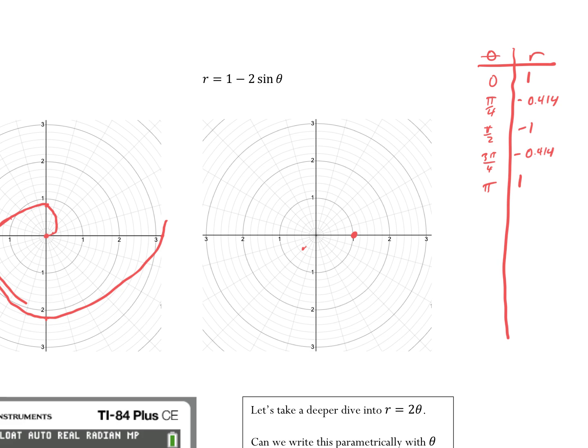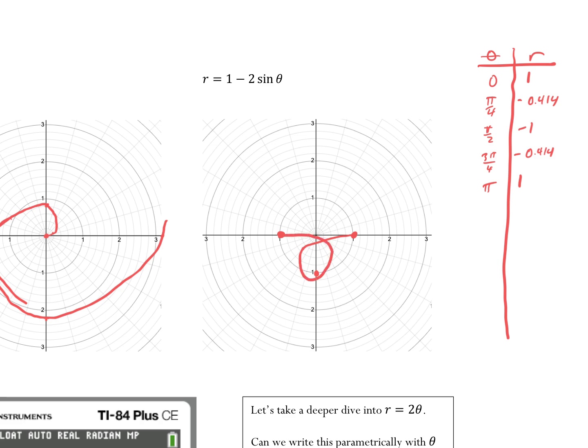And then pi over 2 negative 1 would be here because of that negative radius. And then 3 pi over 4 negative 0.414 would be here. Negative 1. But keep in mind, these went in an order, yes? Oh my god, it's gonna be like a star.